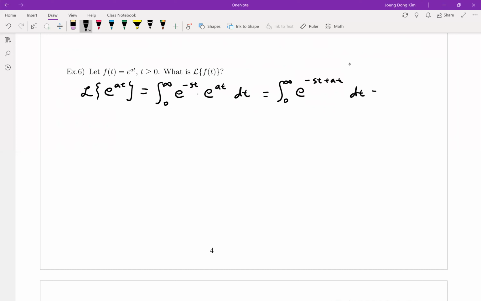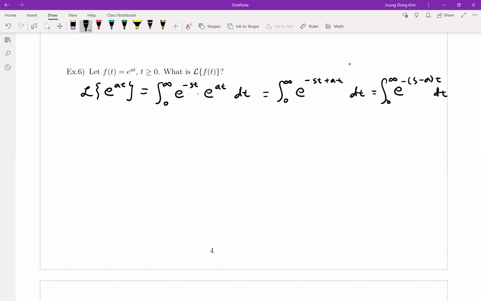Then we can also take negative t out; it might be better to write in the opposite order. It can be written as e to the minus (s minus a)t dt, okay?